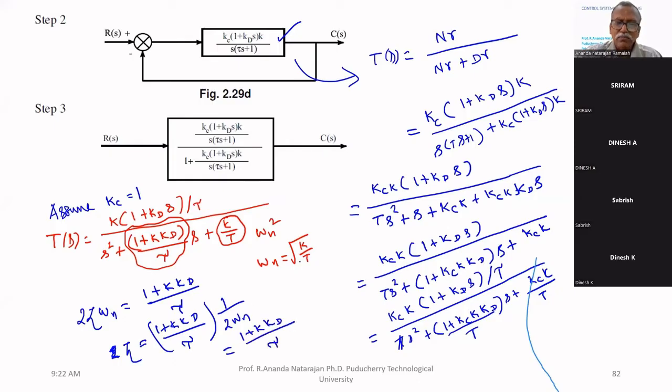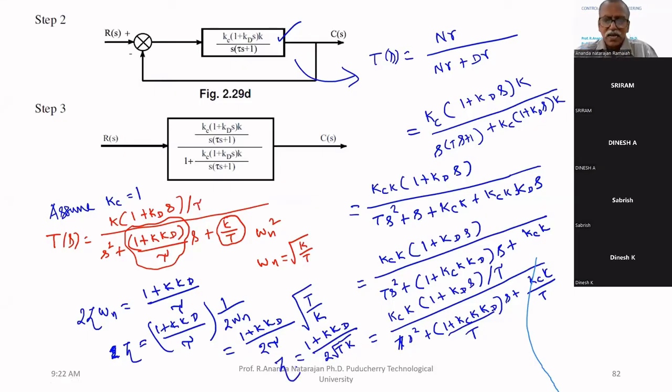Omega n equal to what? Square root of K by tau. 1 by omega n means we can write square root of tau by K. So that is equal to 1 plus Kd upon 2 root tau K. This is zeta.